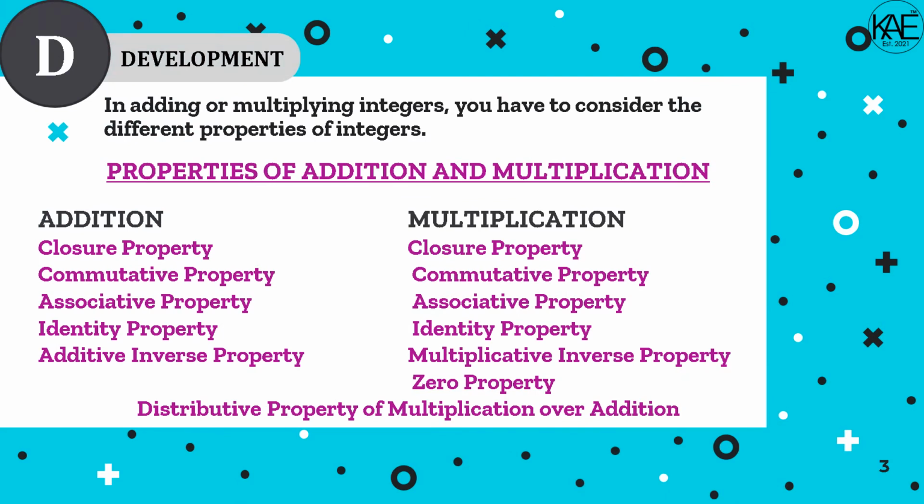In adding or multiplying integers, you have to consider the different properties of integers. Properties of addition and multiplication: we have the closure property, commutative property, associative property, identity property, the additive inverse property for addition, and the multiplicative inverse property for multiplication.